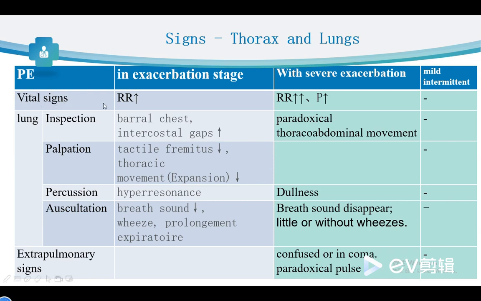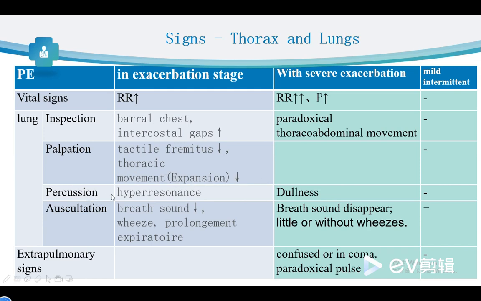In the vital signs, we can find the increased respiratory rate, and during the physical examination of the lungs, we can find the barrel chest, with the intercostal space increased during inspiration. And in the palpation of the lungs, we can find the decreased tactile fremitus, and the thoracic expansion decreased too.